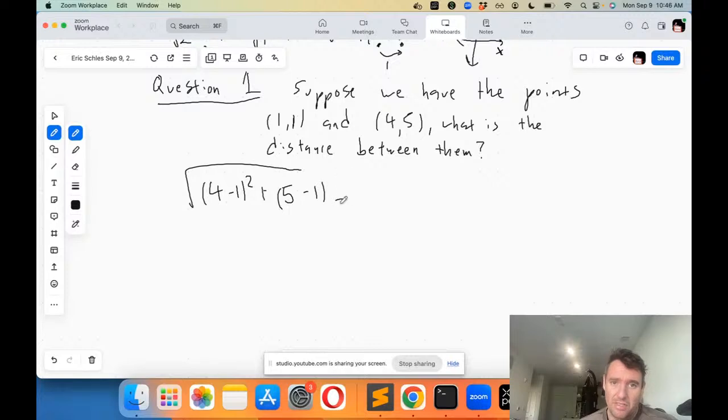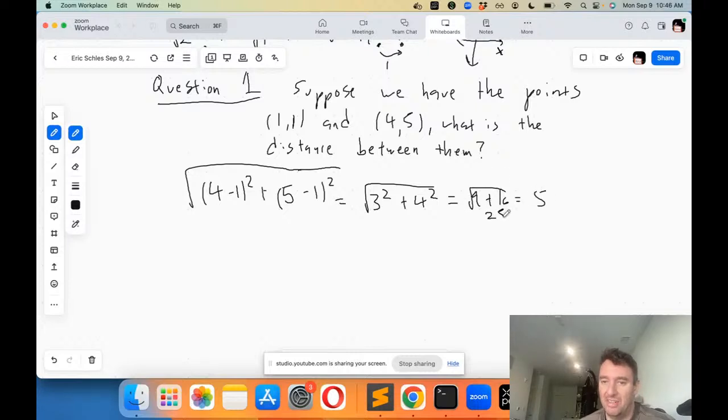You take the square root, and then you end up with 3 squared plus 4 squared, which is equal to 9 plus 16, which is equal to 25. So the square root of 25 is 5.